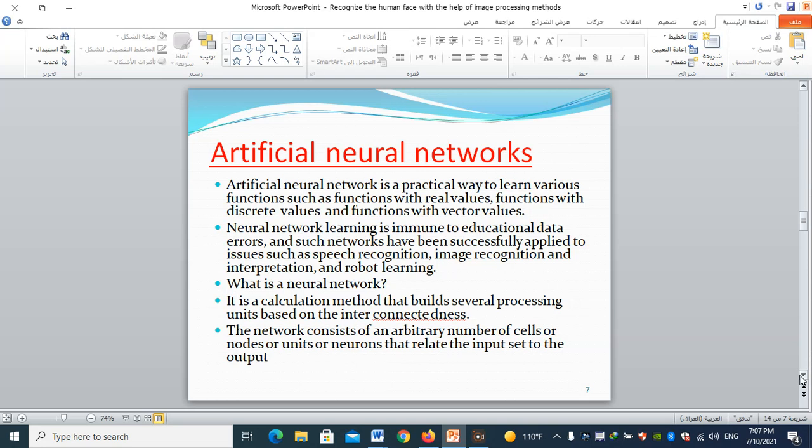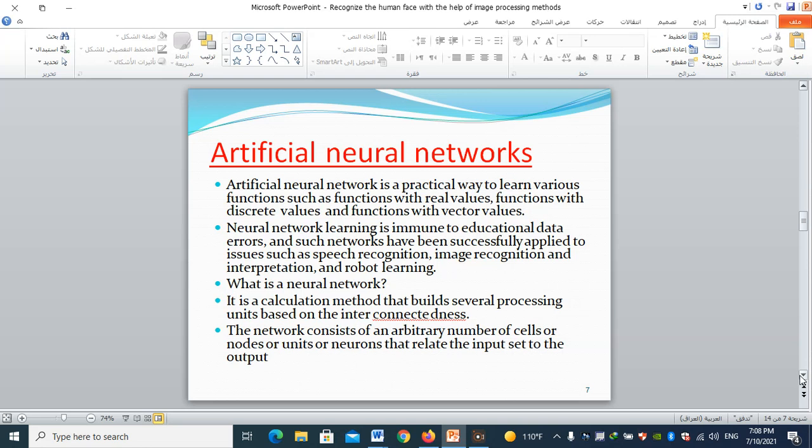Neural network learning is robust to errors in the training data, and such networks have been successfully applied to problems such as speech recognition, image recognition, and robot learning.